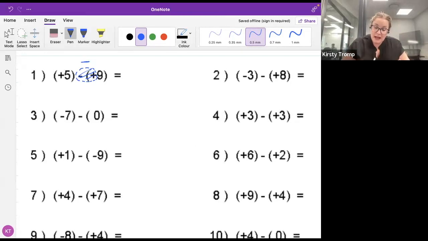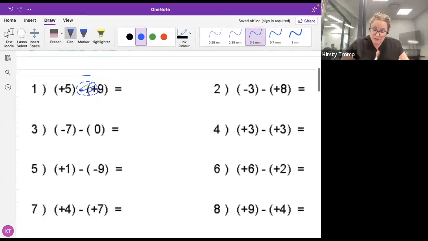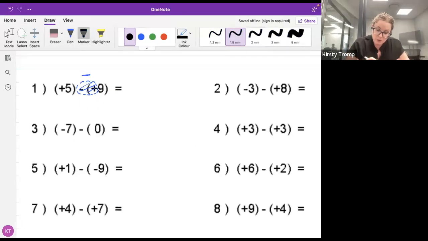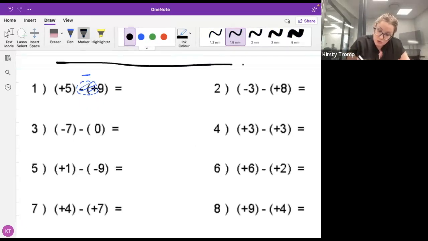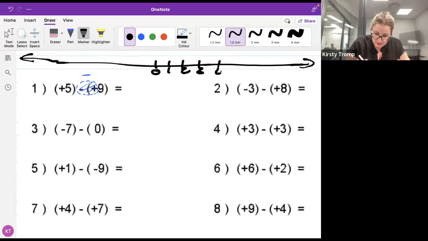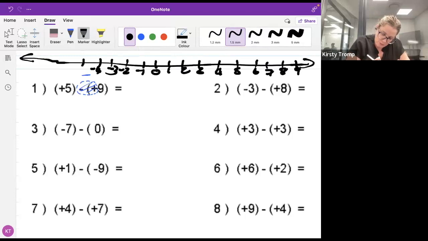So how do I answer these questions? What have I said to you guys before? I said the best way to do this is to draw yourself a nice big number line. I've got 0, 1, 2, 3, 4, 5, 6, 7, 8, 9, -1, -2, -3, -4, -5, -6, -7, -8.